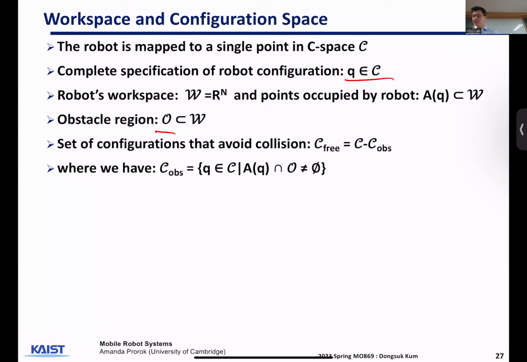and free space is noted as C free, which is configuration space minus obstacle space. Okay. And then we have obstacle space defined as follows.